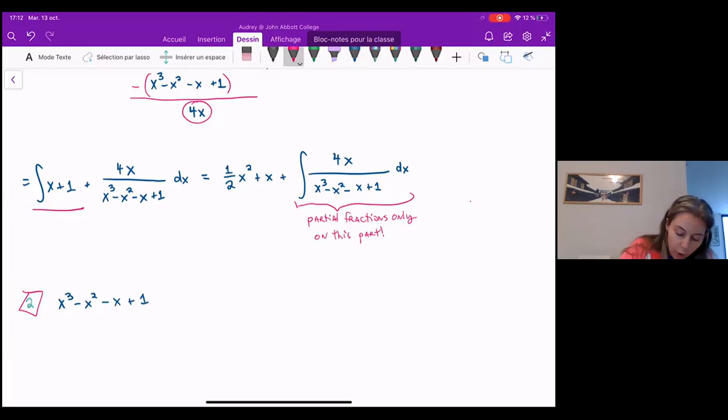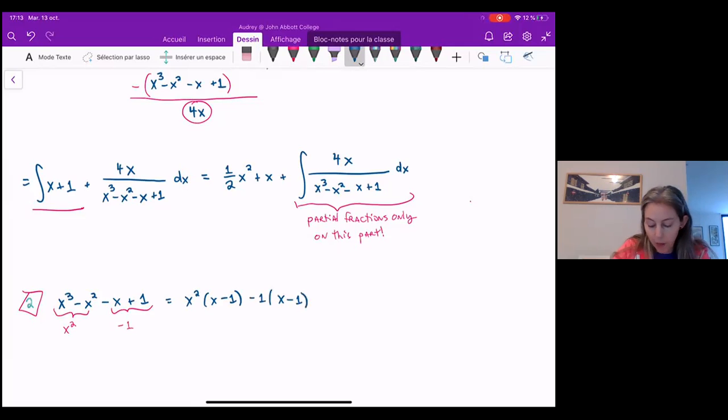So we're looking for the greatest common factor of each group. x cubed minus x squared, that's going to give me an x squared. Minus x plus 1, that's going to give me a -1. So this is equal to x squared times x minus 1, minus 1 times x minus 1. We see that that x minus 1 showed up on both sides, so now we can factor it out to get x minus 1 times x squared minus 1.